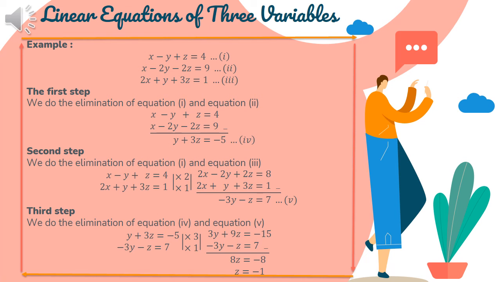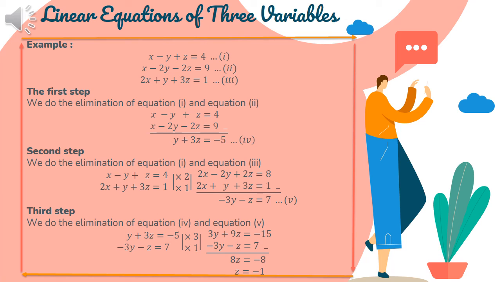Example, x minus y plus z equals 4, the first equation. x minus 2y minus 2z equals 9, second equation. 2x plus y plus 3z equals 1, third equation.